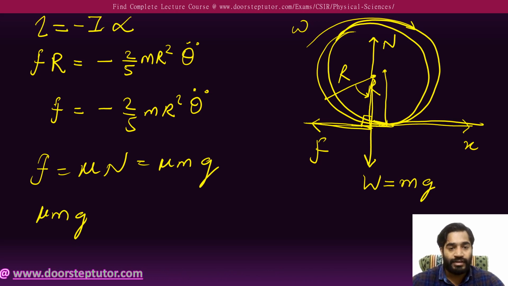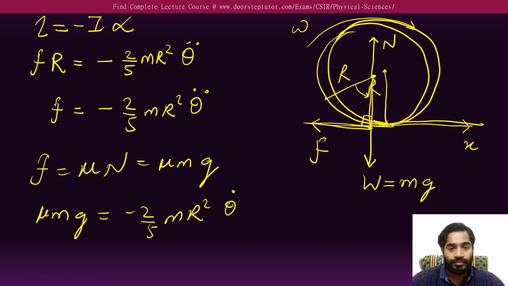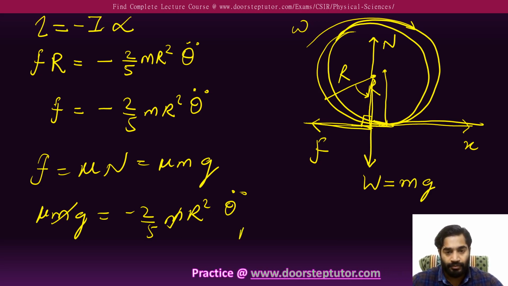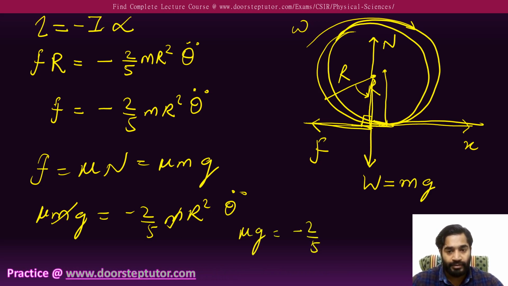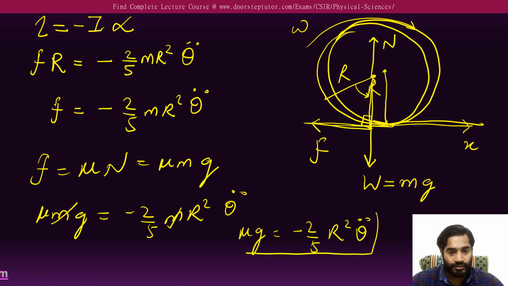Mu mg equals minus 2/5 m r squared theta double dot. From here m gets cancelled out and we remain with mu g equals minus 2/5 r squared theta double dot. So this is what we got. Mark this as equation 1.